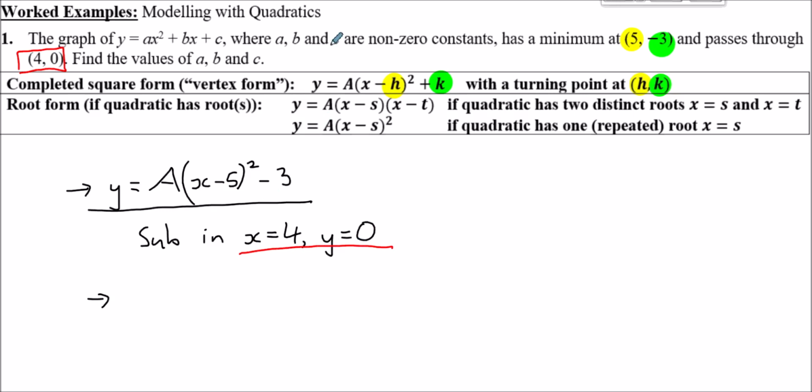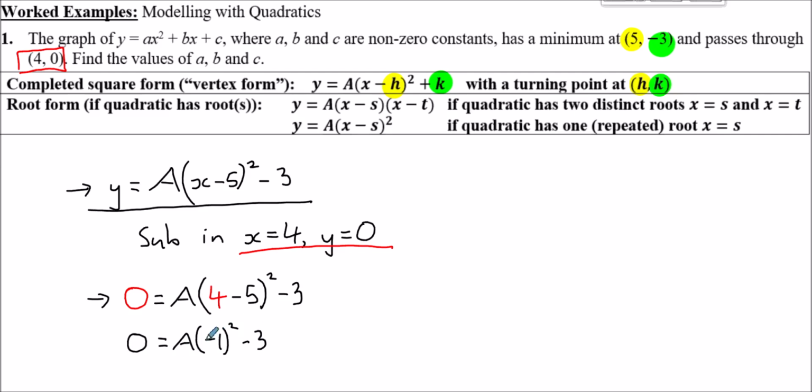So now what we'd have is that 0 equals a(4 minus 5) all squared minus 3. So let's neaten this up. So 0 equals a(minus 1) all squared minus 3. Minus 1 all squared is just 1. So this is 0 equals a minus 3.